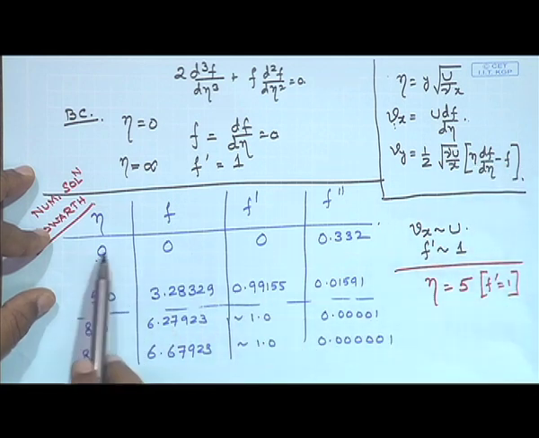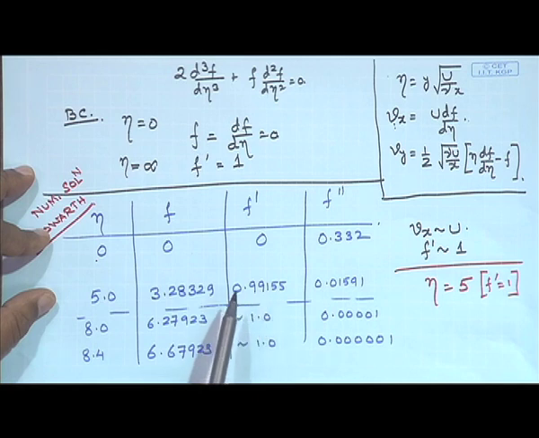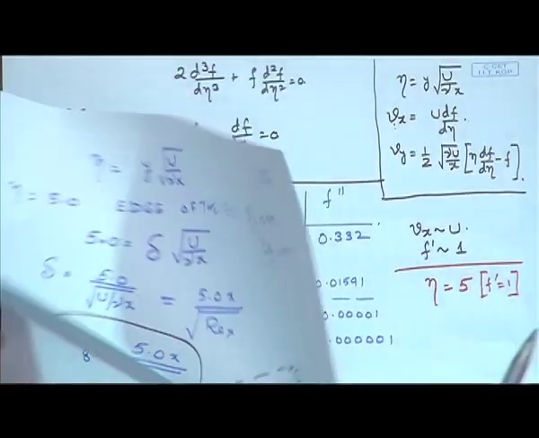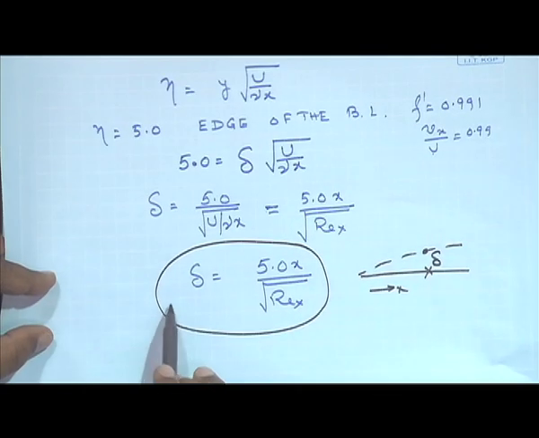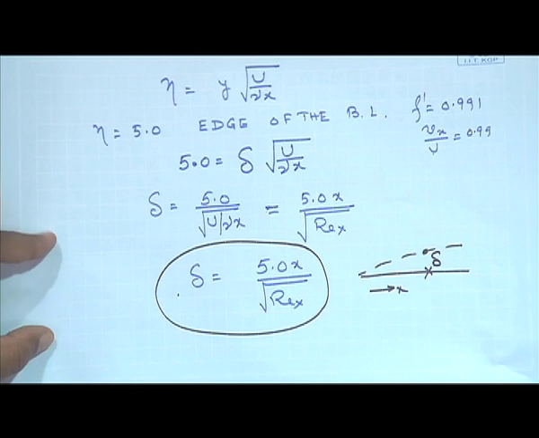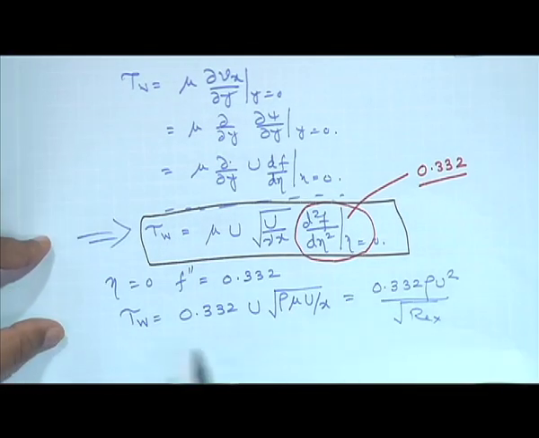And through the use of this table, we have seen that a closed form solution, a complete expression for the growth of the boundary layer, which is this, and the wall shear stress, which is this, was obtained.